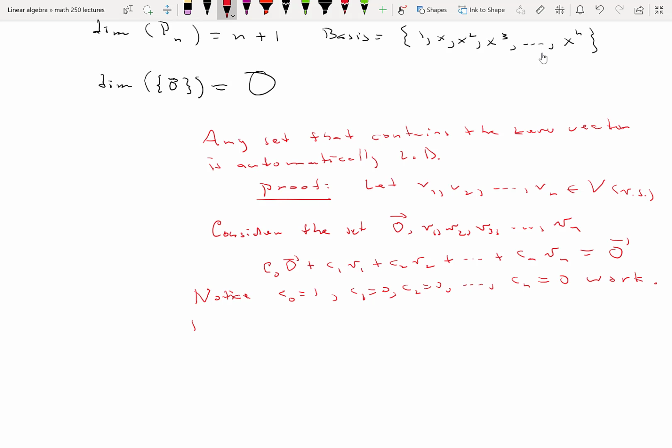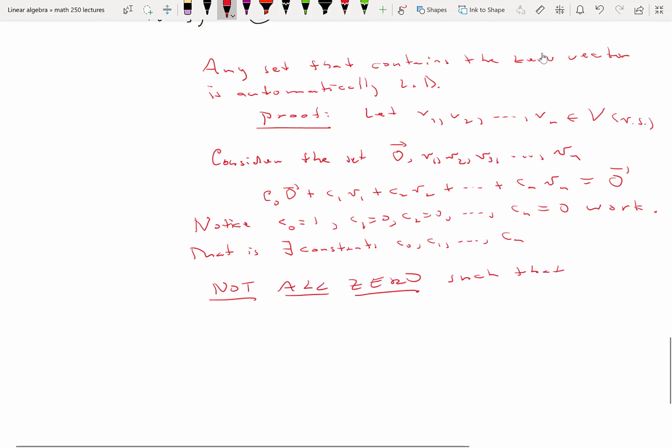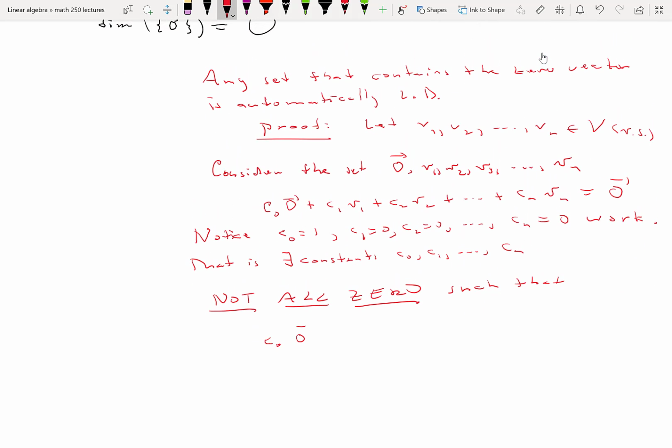That is, there exist constants C0, C1, all the way up to Cn, not all 0, such that C0 times 0 plus C1 V1 plus C2 V2 plus all the way up to Cn Vn equals the 0 vector.